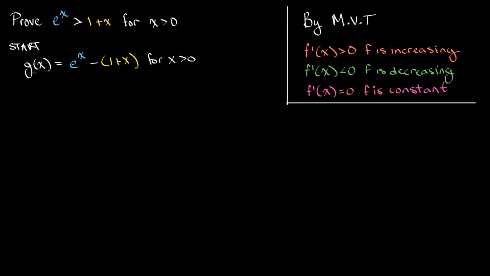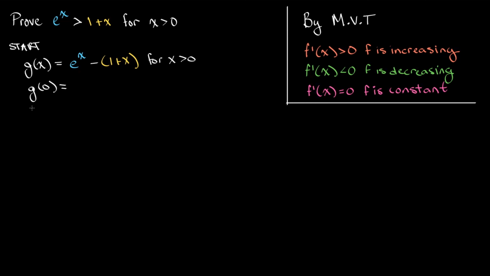Well, what we're actually going to do is get a base point, and we're going to have our base point actually be g of 0. So again, I thought we were looking for x values greater than 0. Well, we're going to look at 0, and then what we're going to do is look at the derivative. And why we're looking at the derivative is so that we can use one of these facts over here.